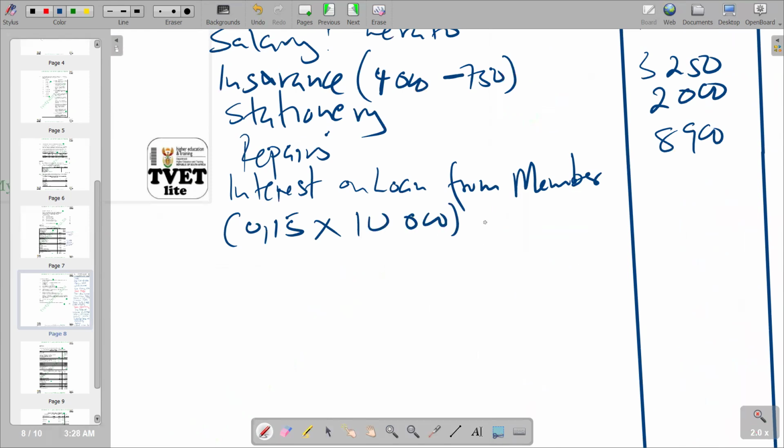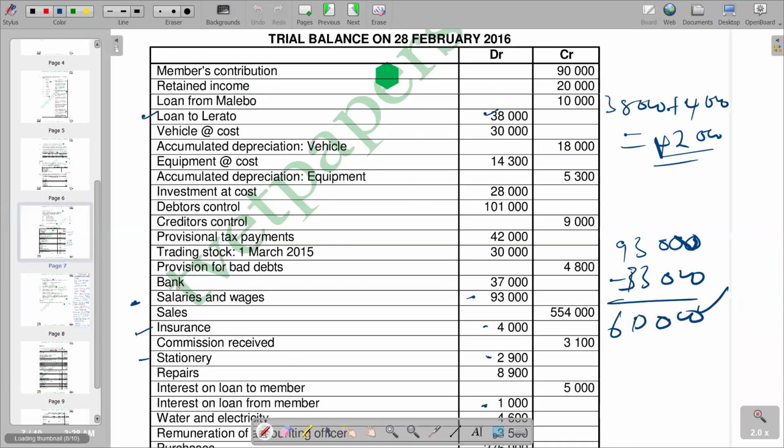The figure that you're supposed to get there is 1,500. So here we can present it in the form of showing the comparison: 1,500 is what is supposed to be for the period, but what was paid is 1,000. So it means we have an owing amount of interest on loan from member of 500. That 500 we should show in the final calculation.